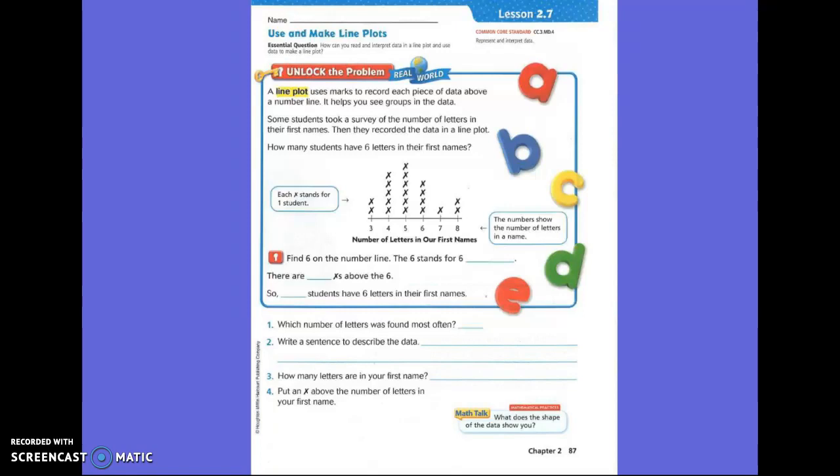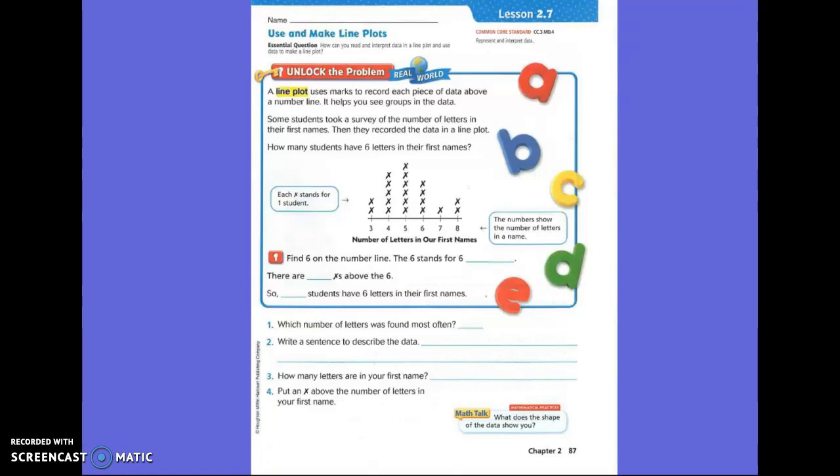Okay, so let's read the directions for what a line plot is, and then what the story and the problem is going to be about for this first part. A line plot uses marks to record each piece of data above a number line. It helps you see groups in the data.